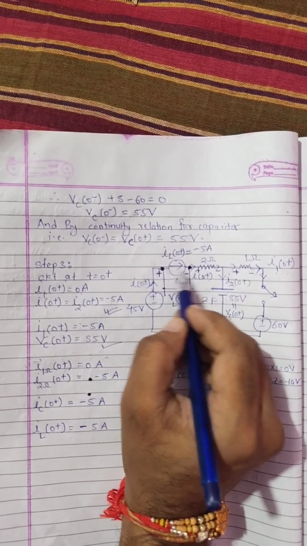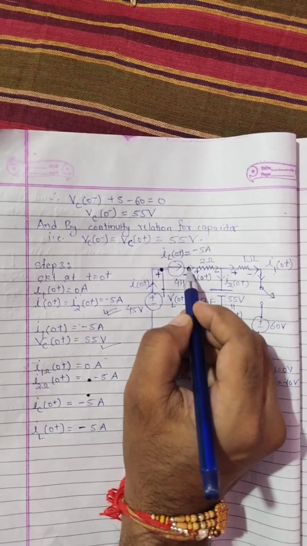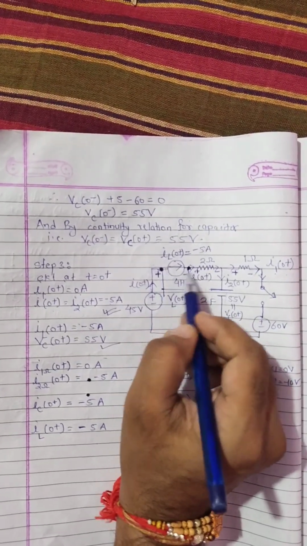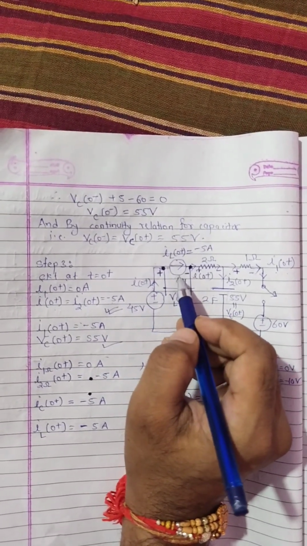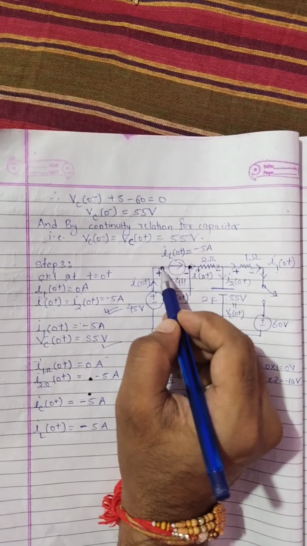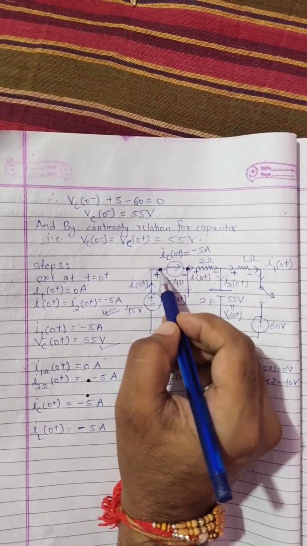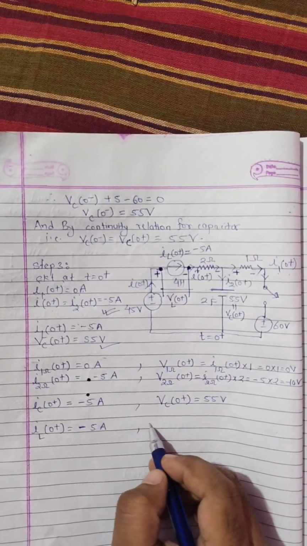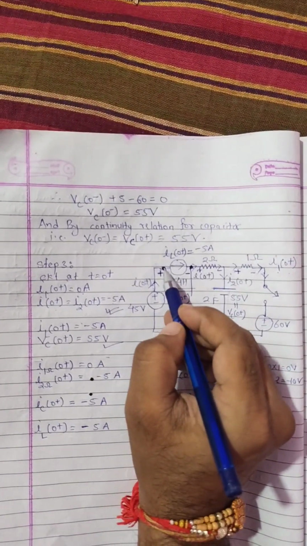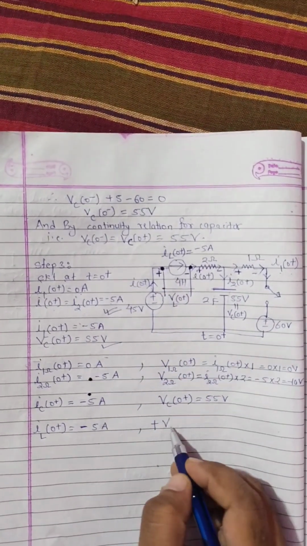Now we are capable of using the concept of starting point and finishing point. Let us assume this is the starting point and this is the finishing point. We assume the starting point has higher potential, and the sign convention will be plus. So this is plus, and the potential of this terminal will be VL 0 plus.